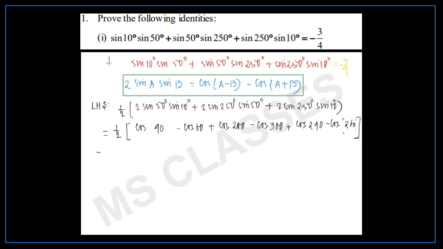Now after this, we can simplify the angles. Cos 40 minus cos 60 plus, now this one we can simplify. How?